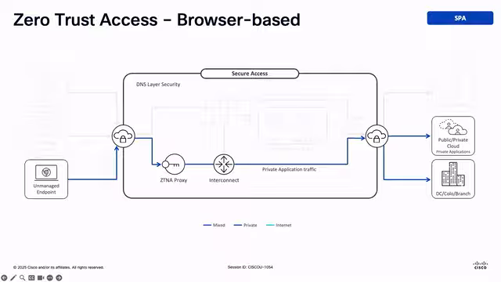So in this case, they still can access web-based private applications through this browser. So another name that you may come across is clientless. So you may hear this be referred to as clientless based Zero Trust Access.